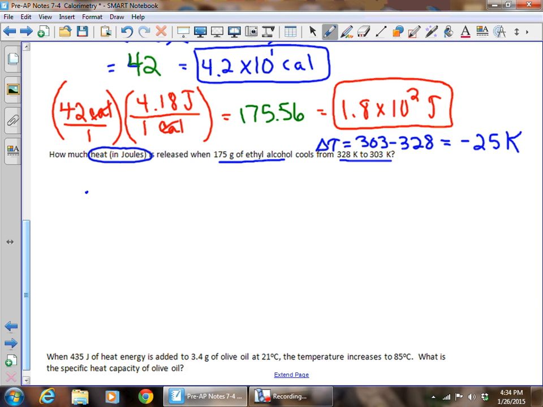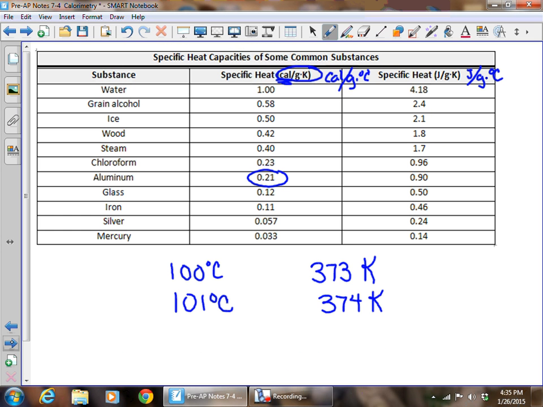And solving for Q, again, Q equals MCAT. Our mass value is 175 grams of our ethyl alcohol. We want this in joules this time, so let's look back here at ethyl alcohol in the joule column.